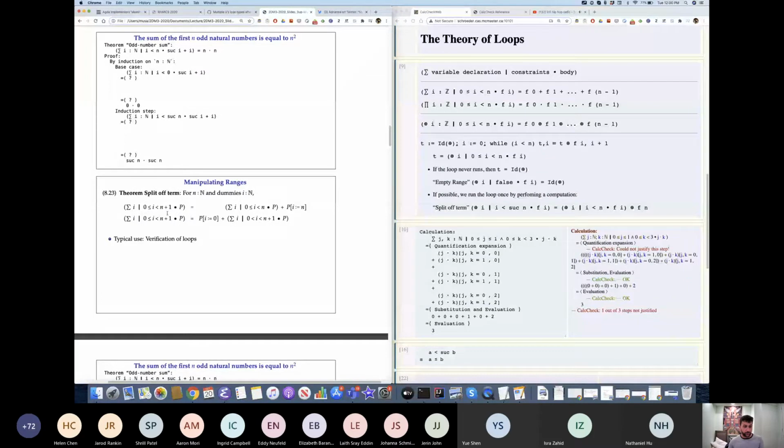And then we talked about splitting from a split off term. You can split off from the top, all right, and you can split off from the bottom. All right. I didn't have better names for them. I thought it would be helpful to refer to one side as the bottom and the other side as the top, because you're working with a range.